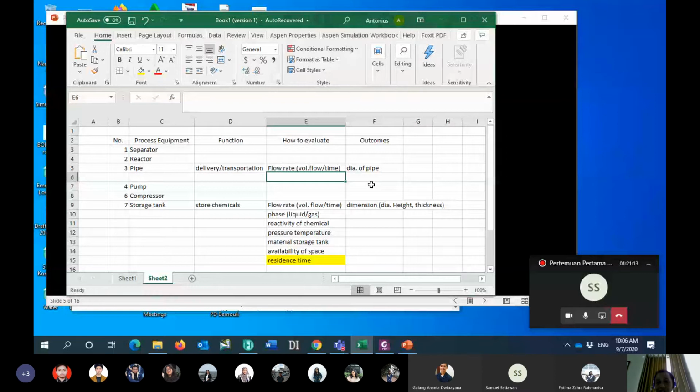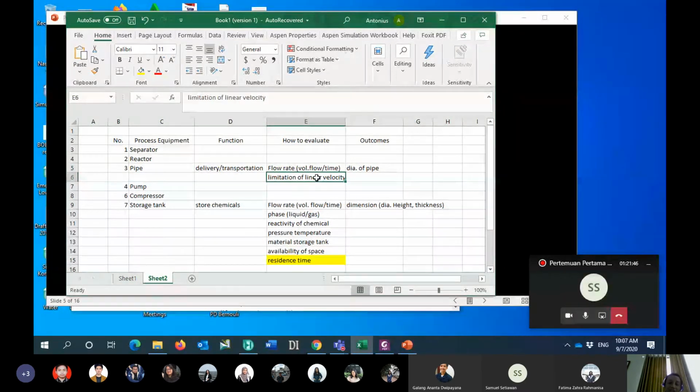And then to answer that question, you need a method to evaluate, which is actually the limitation of linear velocity. If you know your linear velocity, you will be able to calculate the required pipe diameter based on the flow rate given to you.